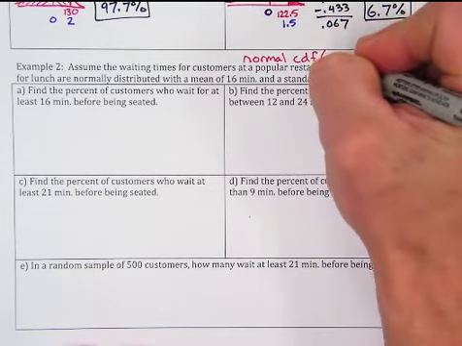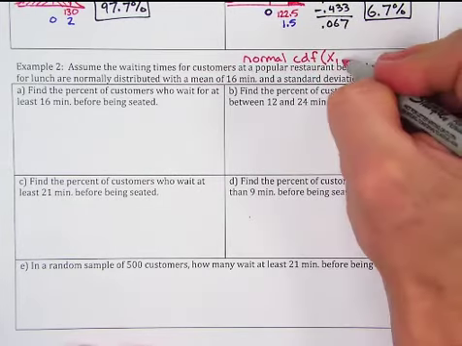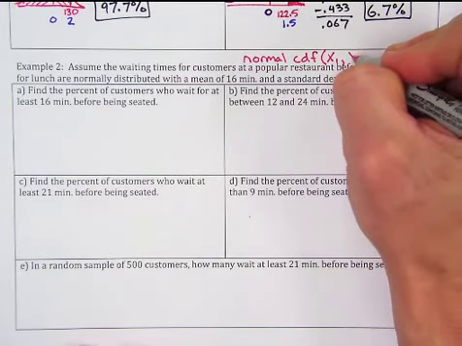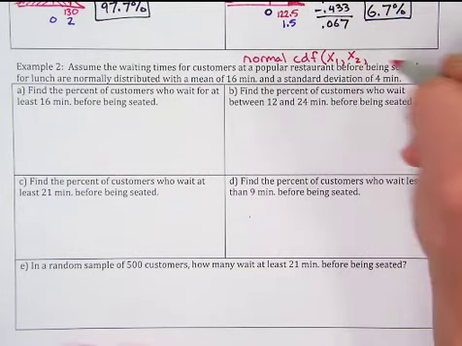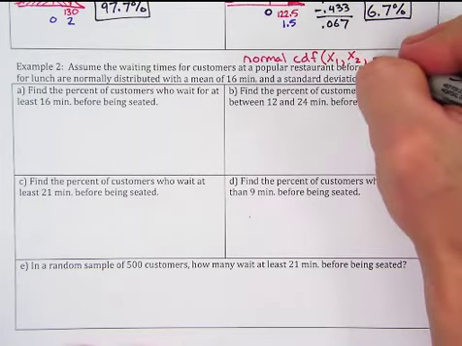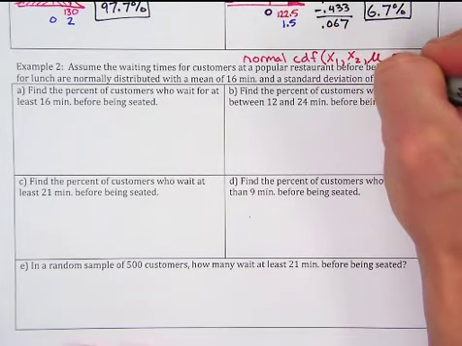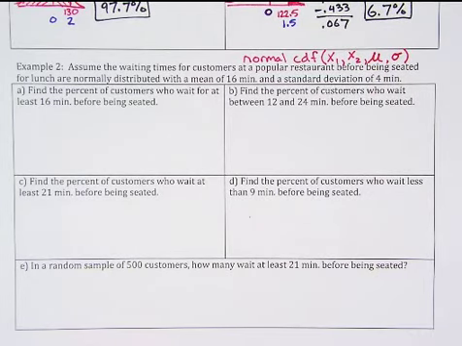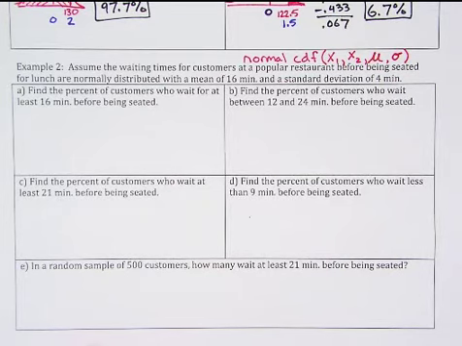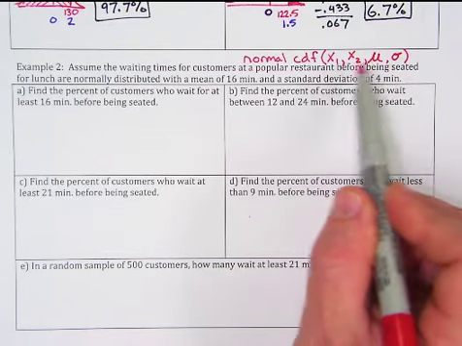So what we would do is type our value to the left, and then our value to the right, then we would type in the mean, which is mu, and then we'll type in the standard deviation. So by using this, we don't need to find our z-scores first. We can just type everything in.